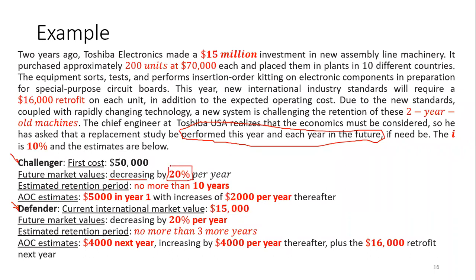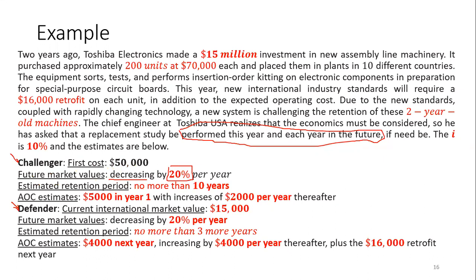It means that after 1 year, the market value is 50,000 multiplied by 0.2 and so on. The estimated retention period is no more than 10 years, which means I cannot say how long, but I know that it is not more than 10 years.